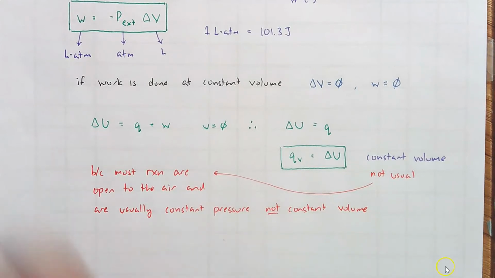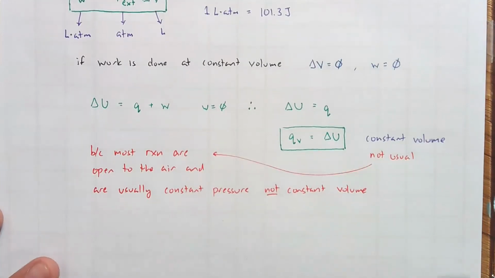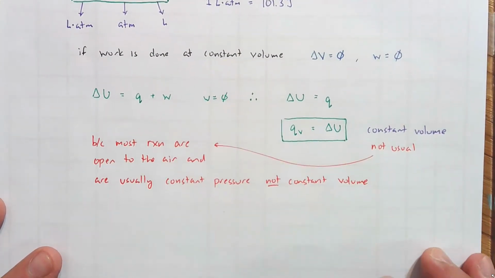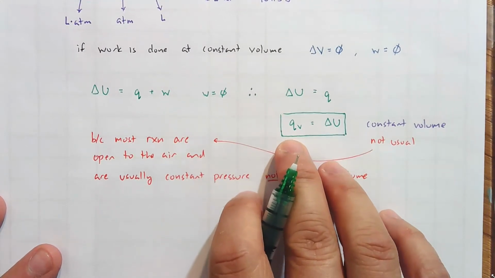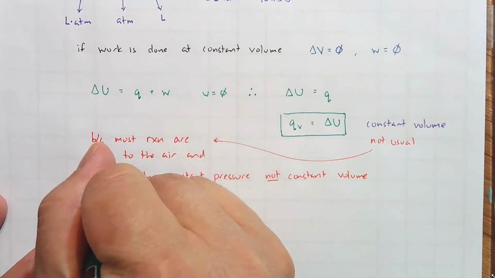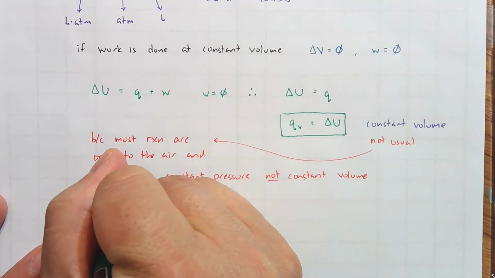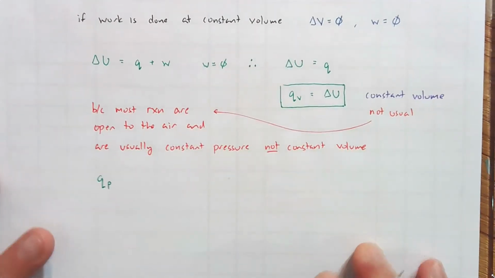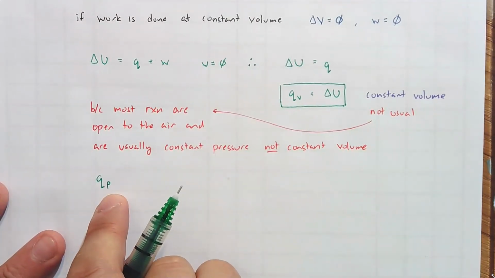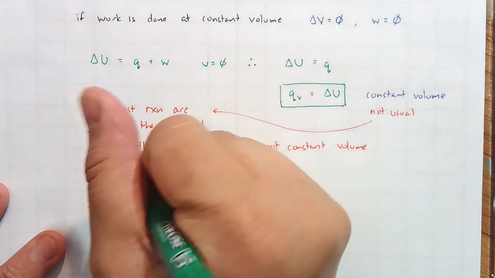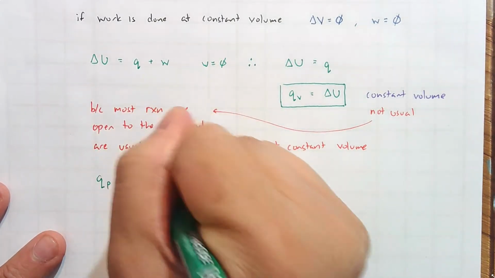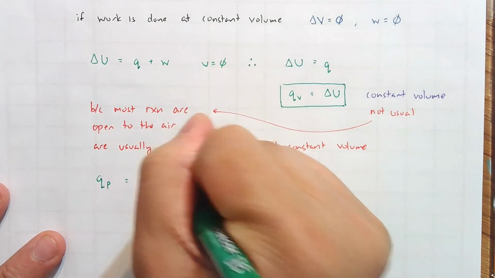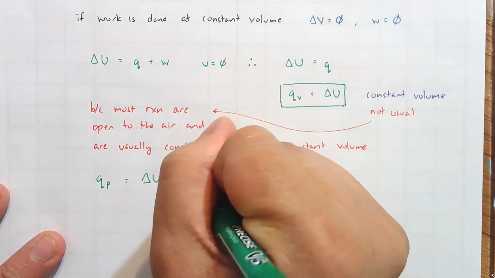And let me just write, so what is the equation when you have constant pressure? So we have this constant value, Q, heat. Well, the heat at constant pressure, so Q subscript P equals delta U plus P delta V.